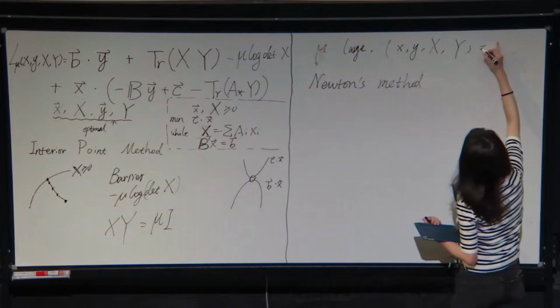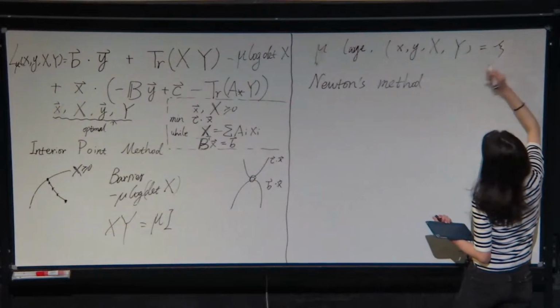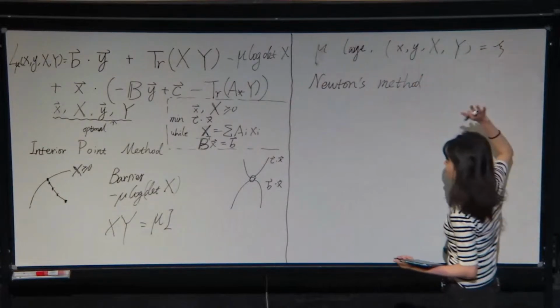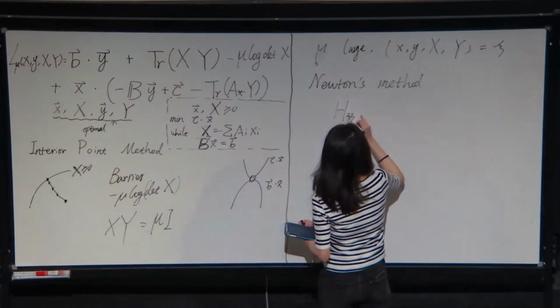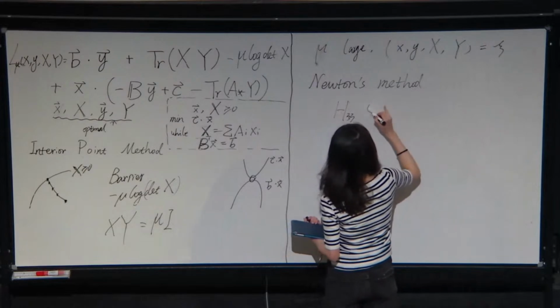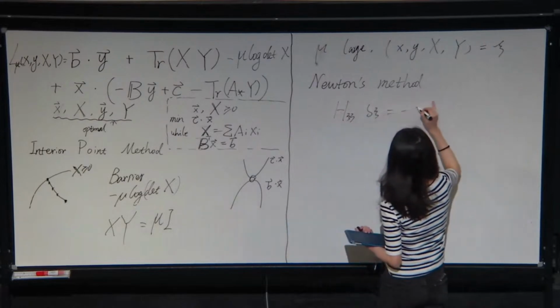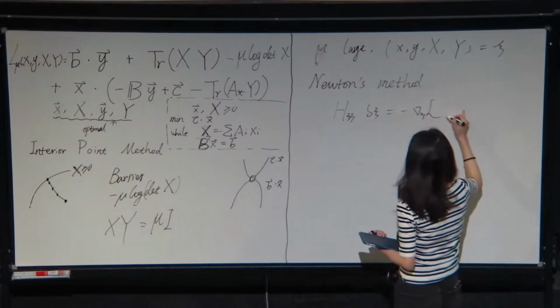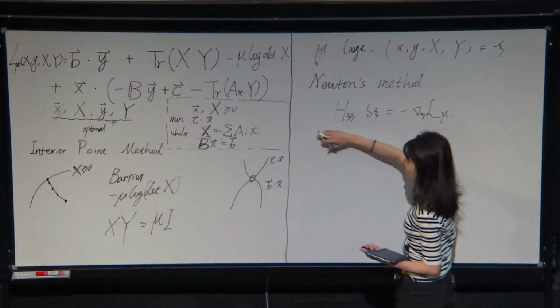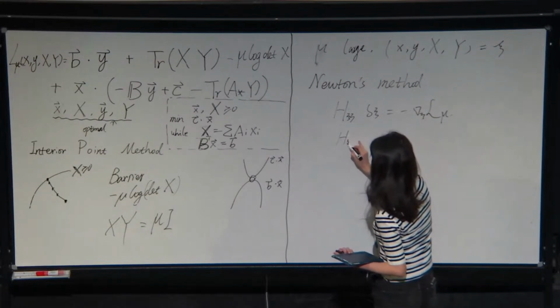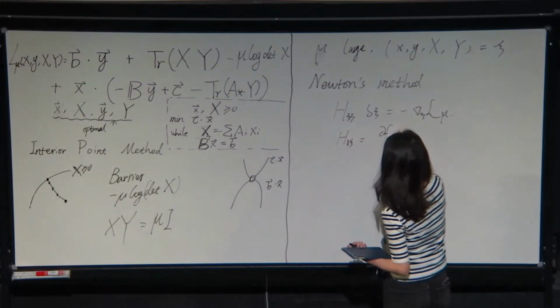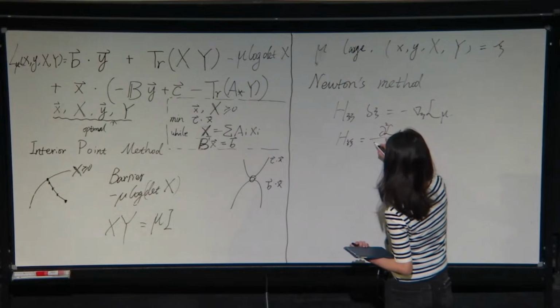All right, to make things easier, I'll rename that big vector as a single variable c. Newton's method can compute the step we want to take in c. So it converges to the optimal solution, where this is a Hessian matrix, the second derivative of the Lagrangian.